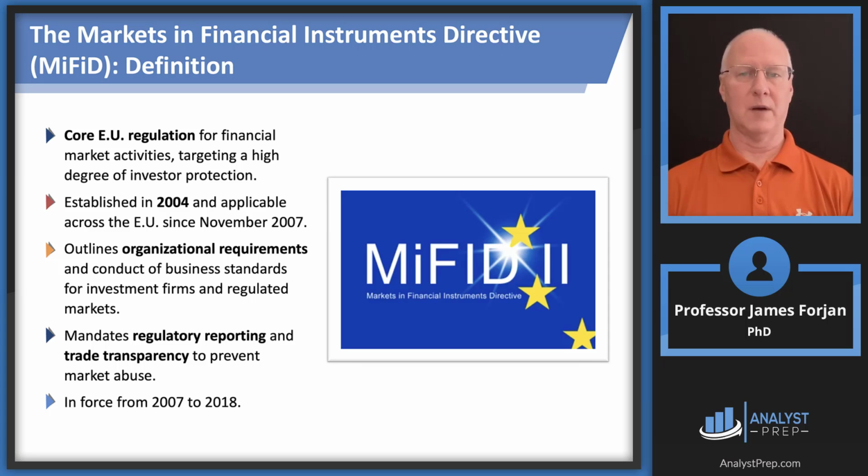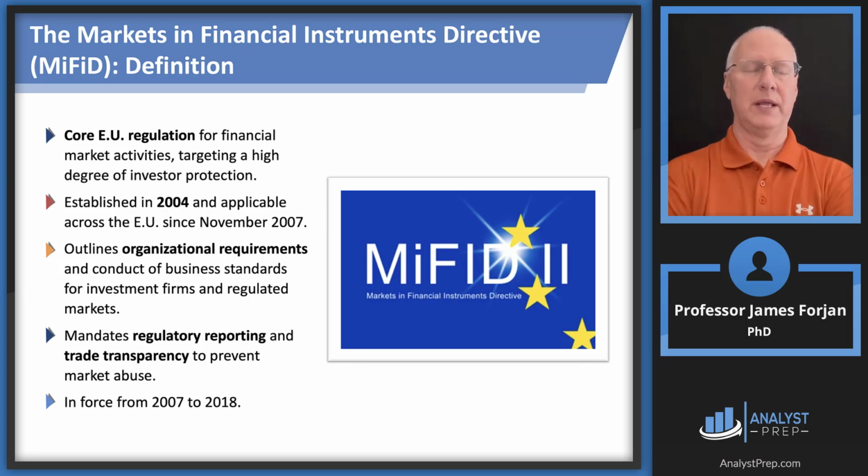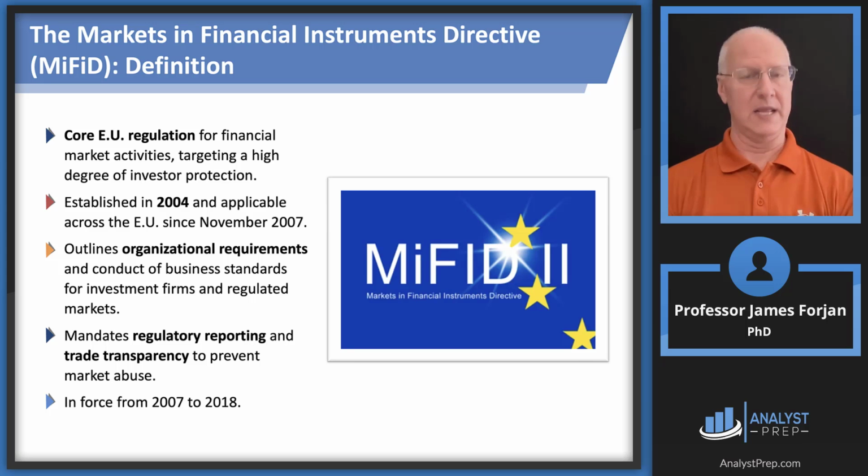All right, so there are a couple of directives. One of these goes back to 2004. Markets in financial instruments. And this first one in 2004 pretty much attached these regulatory requirements for financial market activities. And it was pretty broad. And if you go back and take a look at it, which the chapter doesn't really go into much detail, but it's very broad, and there were gaps and weaknesses in it as evidenced by the 2008 financial crisis.